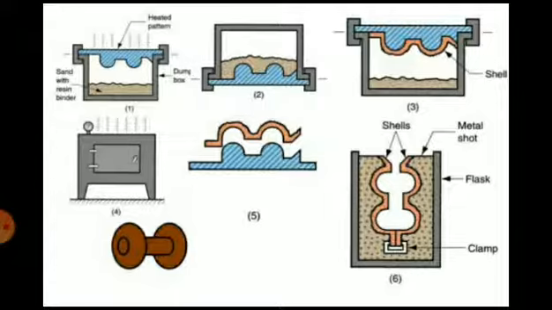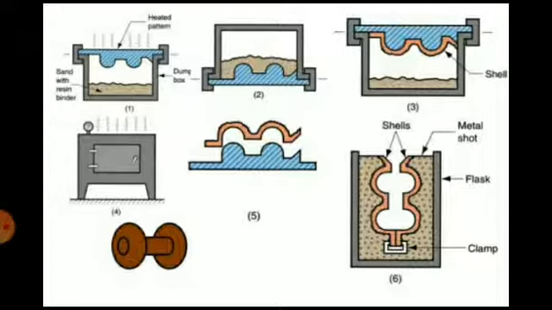Mix the dry and fine silica sand with thermosetting phenolic resin binder and put it in a dump box. The metal is heated up to 250 degrees Celsius, the melting point of the resin, and to remove the shell from the pattern, a release agent containing silicone is sprayed over the hot pattern.